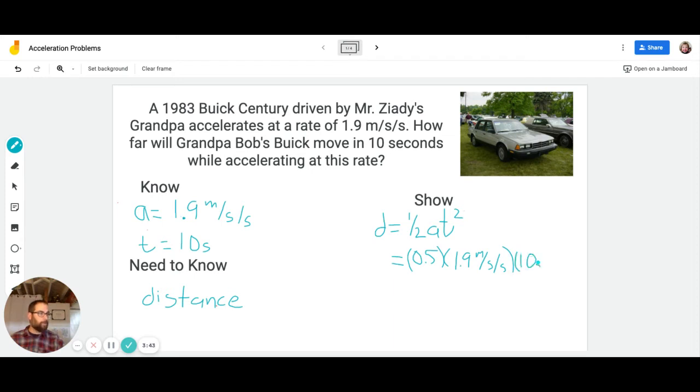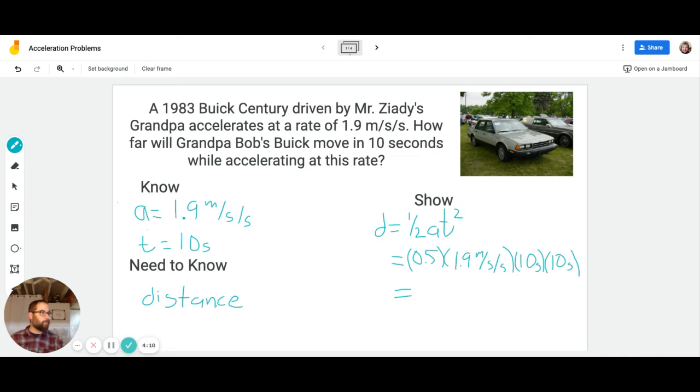That way I've set up my problem so I can use a calculator just to multiply through 0.5 multiplied by 1.9 multiplied by 10 multiplied by 10. Okay? So I'm going to pop up my calculator. I'm going to do the math, and then we'll get an answer. And since I'm finding a distance, my answer is going to be in meters.